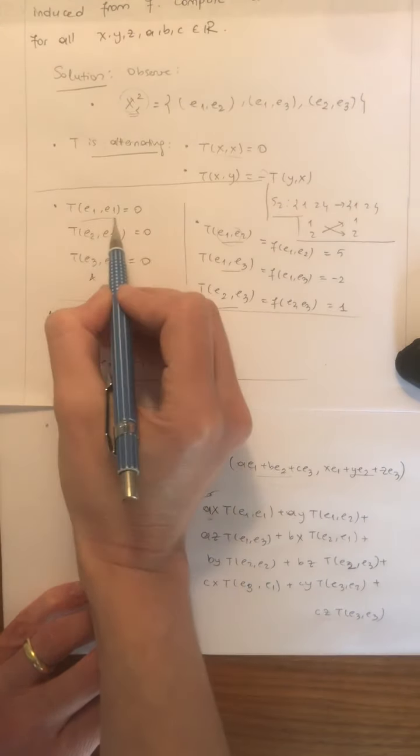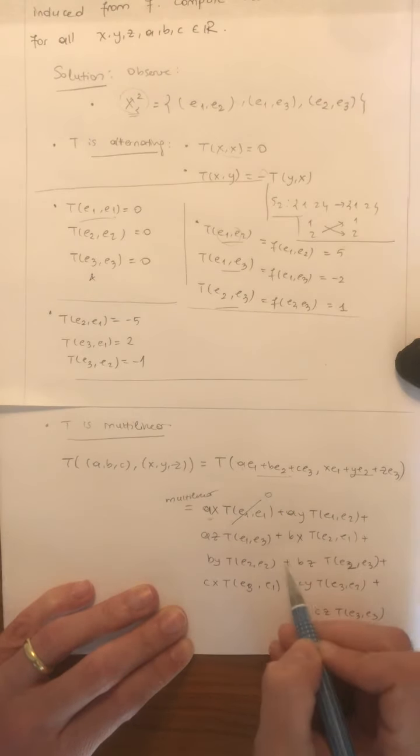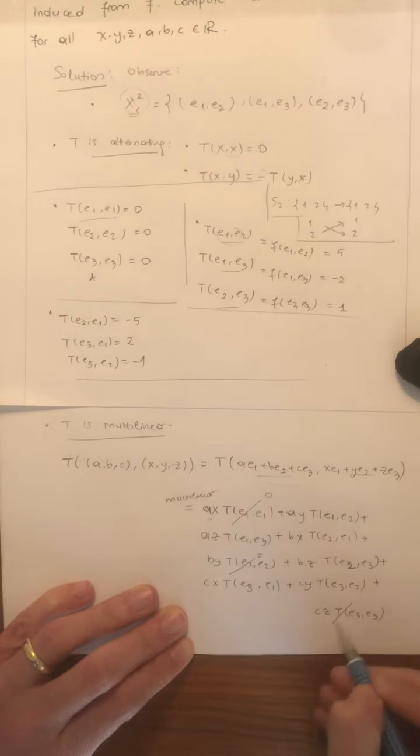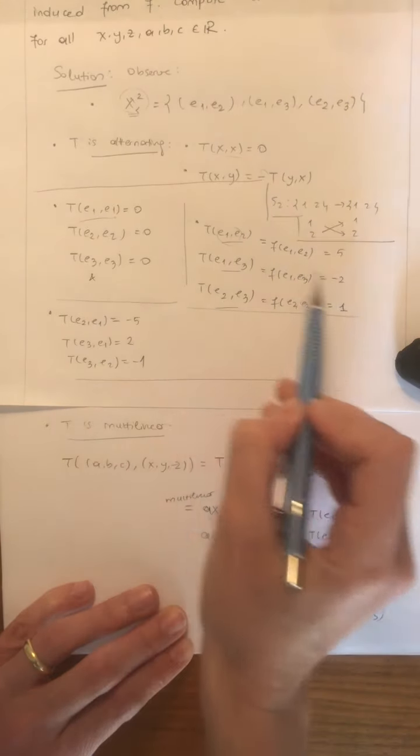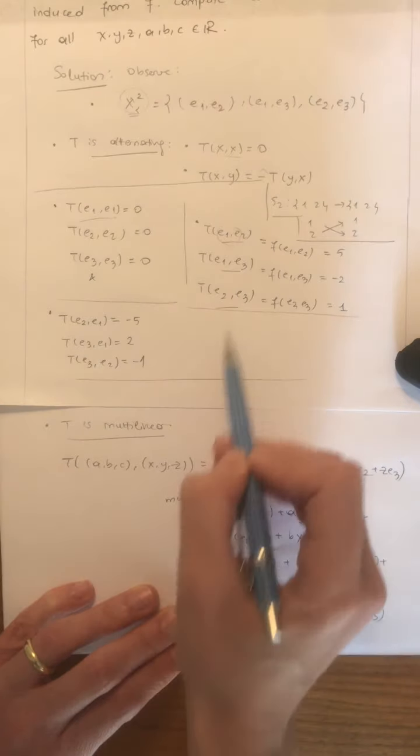And from here we know that these are going to be 0, and we only plug in the values of these maps that we computed previously.